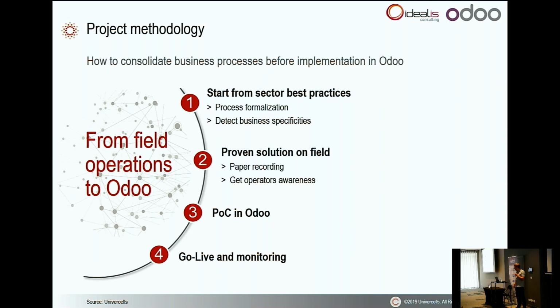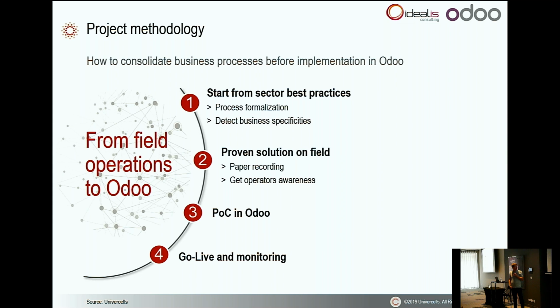A good example of the business pulling the needs was the follow-up of the manufacturing process. We went to the business with Odoo saying, okay, to manage your manufacturing, just use production orders. We made lots of POCs, proofs of concept, and we were almost ready to push it to production.